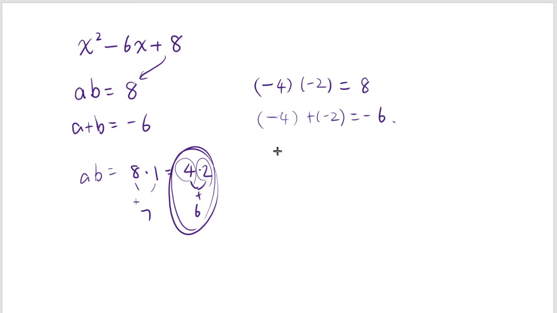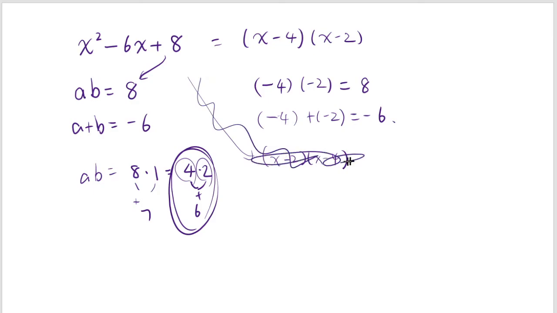And therefore, we know that this should be factored as x minus 4 times x minus 2. Note that it's also possible to choose negative 2, negative 4, in which case you would write this as x minus 2 times x minus 4, but that's the same thing as this, so you really don't need this. Okay, so that's the answer. That would be what you get if you factor x squared minus 6x plus 8.